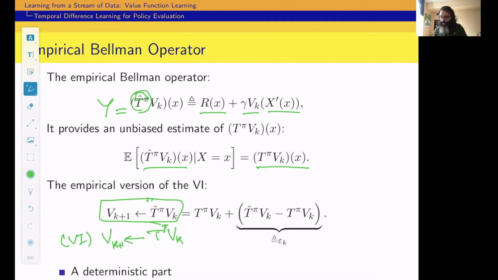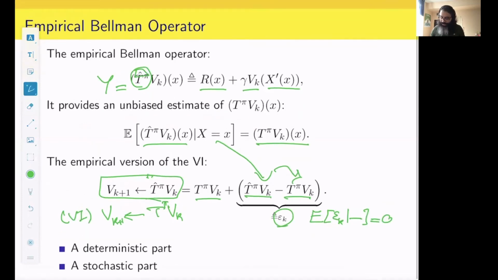I can decompose it into two parts: the part that is T pi Vk, plus the part that is T hat pi of Vk minus T pi Vk. The conditional expectation of this term is exactly the same as that of the other term. So this term, which I define as epsilon k, acts like a zero mean noise. If I compute epsilon k with proper conditioning, that would be 0.